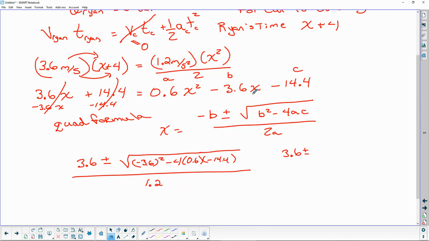And then 4 times 0.6 times negative 14.4 is going to be a positive, so this ends up being 34.56. The whole thing under here adds up to 47.52. Then we get our square root of that.